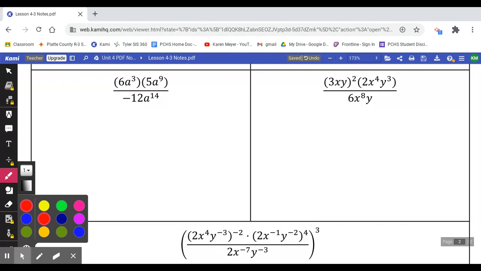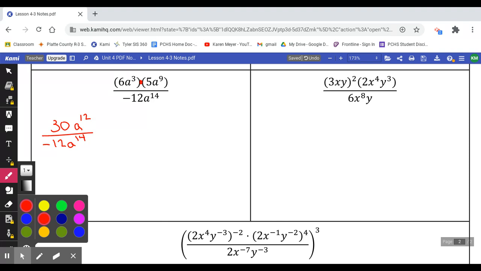Right. On the next one. Okay, we're multiplying here. So 6 times 5 is 30. And when we're multiplying, we add exponents. So for A, 3 plus 9 is 12. And then I didn't do anything to the bottom. So now if we're dividing, we're going to go ahead and divide the coefficients.